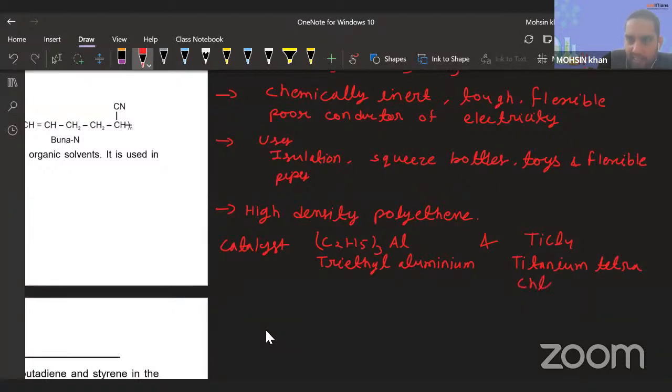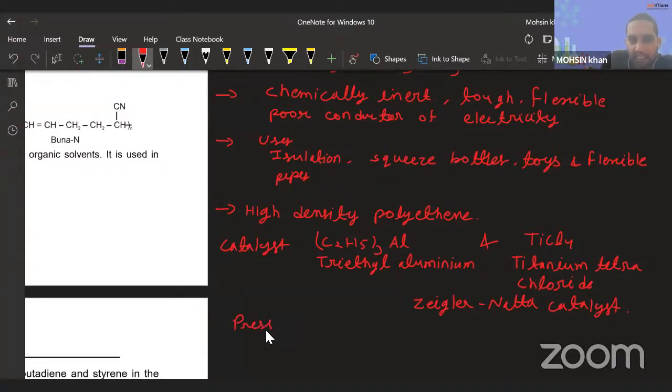Combinedly, this is known as Ziegler-Natta catalyst. So there can be a question like what catalyst is used in the formation of high density polyethylene? That is Ziegler-Natta catalyst.